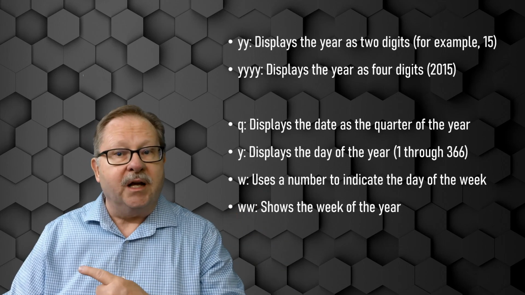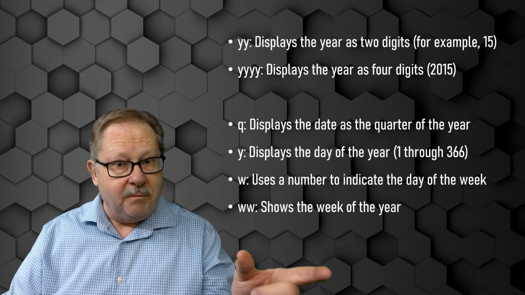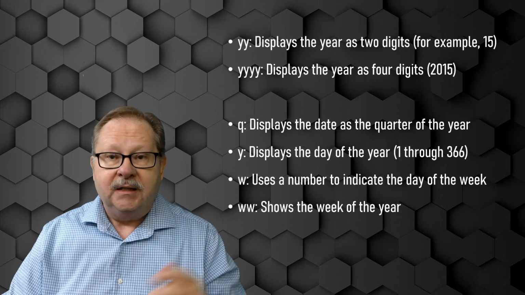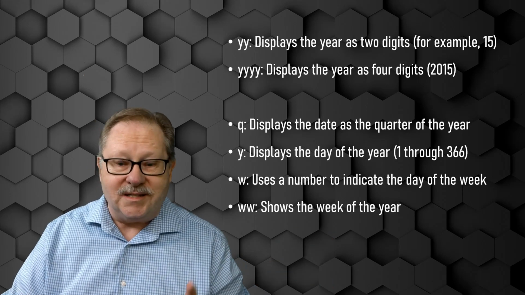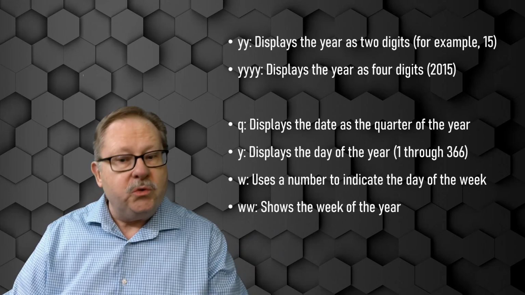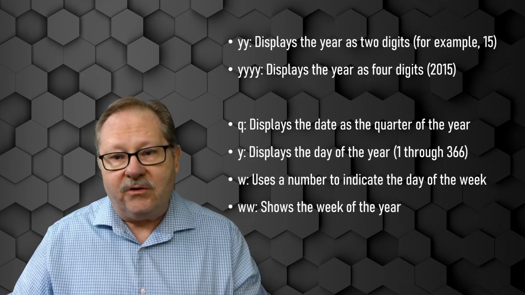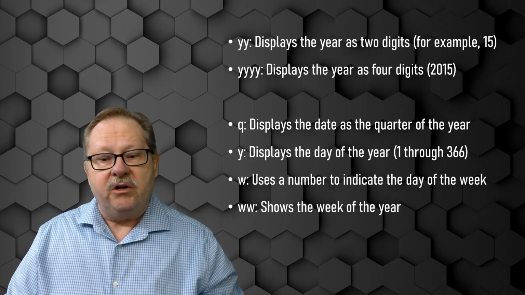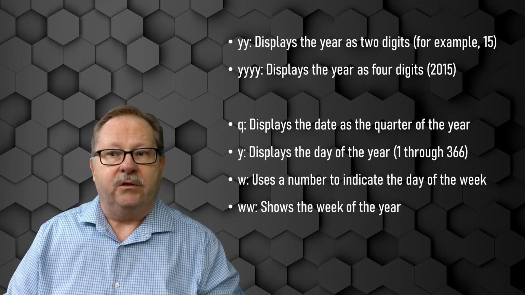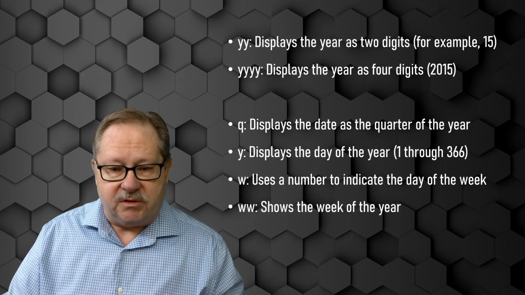Now you use a single W and you get the day of the week, a number 1, 2 through 7, with 1 starting on Sunday and 7 ending on Saturday. And then 2 W's shows the week of the year. So you've got two different entries here where you can see the day of the year and the week of the year, which can be very valuable when you're putting together various types of calendars.